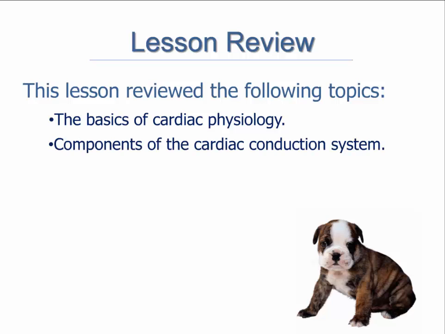This lesson also reviewed the components of the cardiac conduction system and how the SA node, the AV node, the bundle of His, and the Purkinje fibers work to create the cardiac conduction system, and also how they work together to regulate the electrical impulses of the heart.